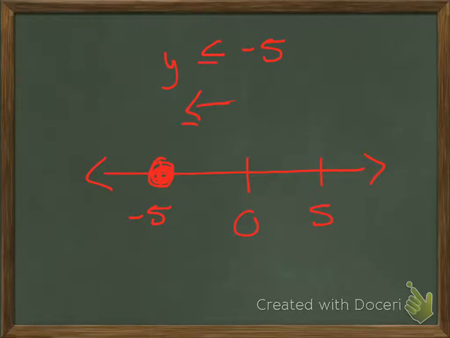So now I'm just going to shade to the left, and then I'm going to make my arrow nice and big. So y is less than or equal to negative 5. All my solutions are to the left of negative 5.